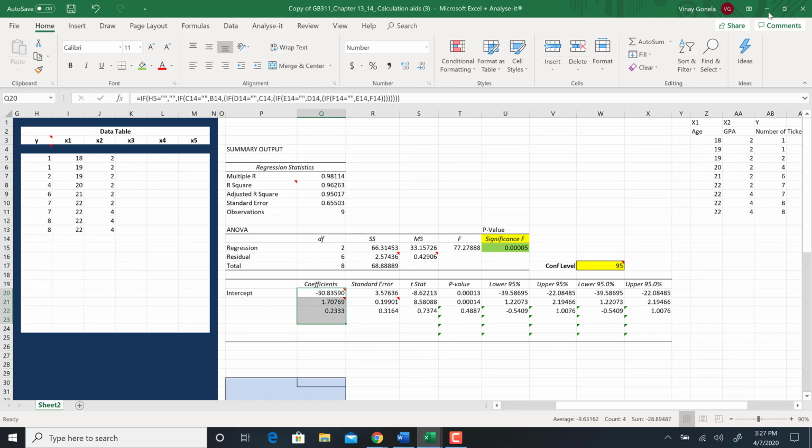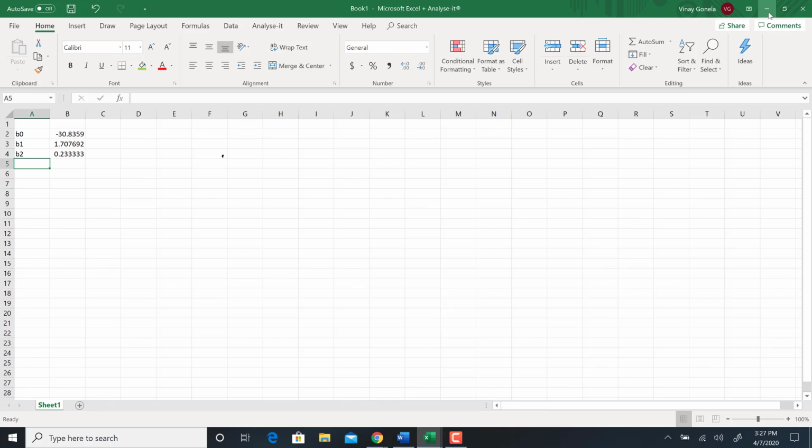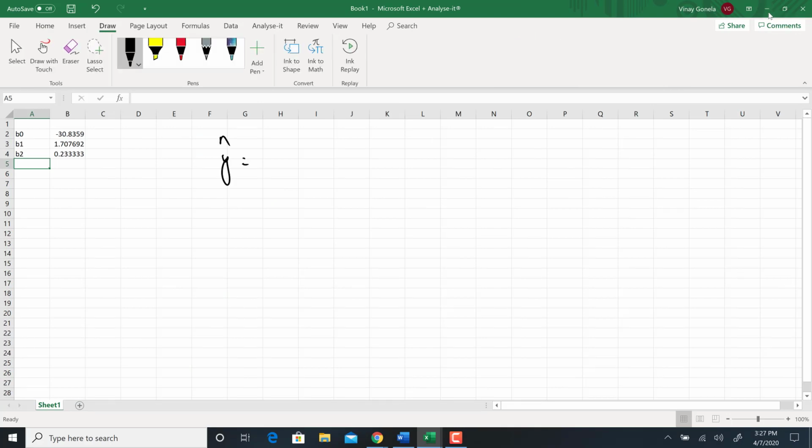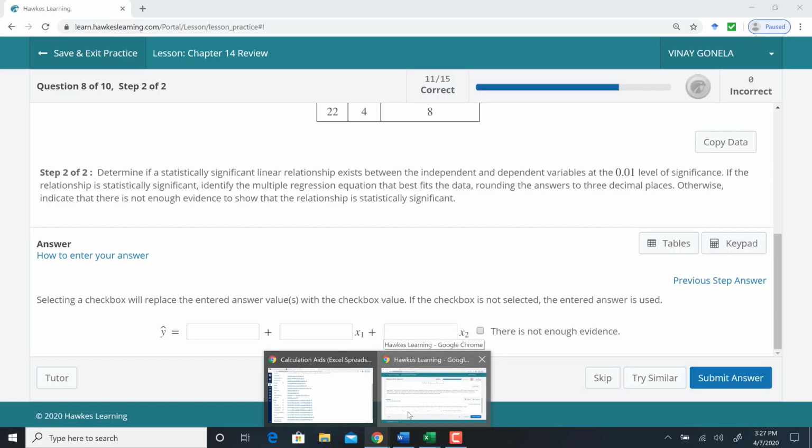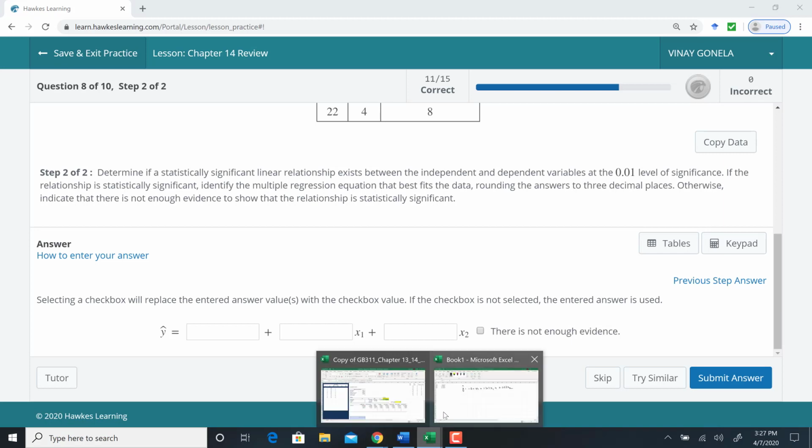So our equation would be y hat equals negative 30.83 plus 1.707 x1 plus 0.233 x2. That would be our regression equation, because our model was statistically significant. I will go here and copy those numbers.